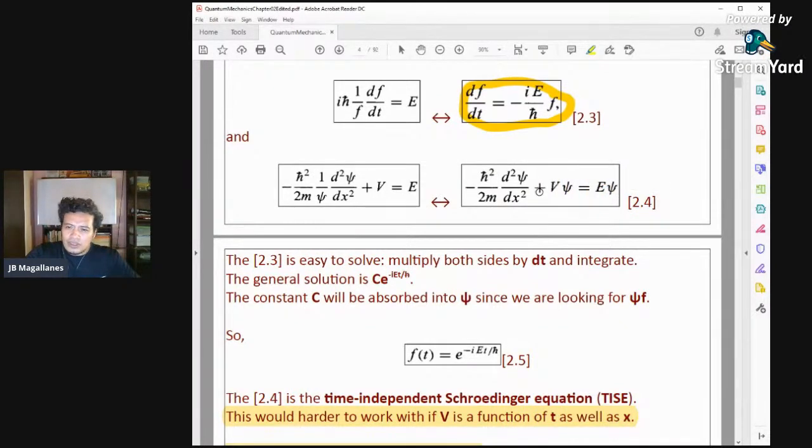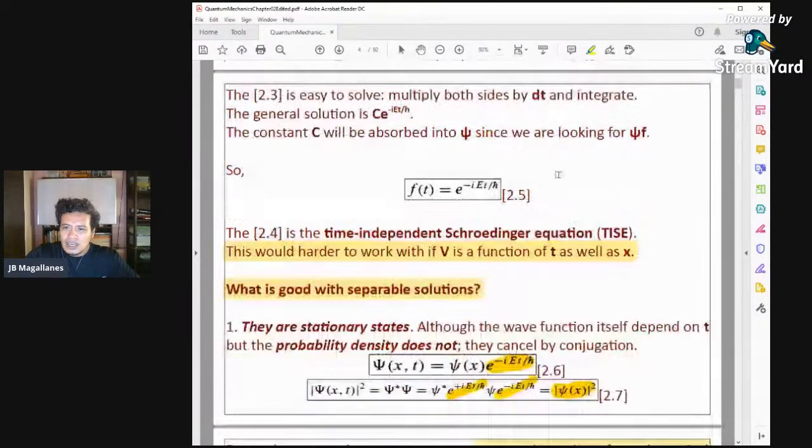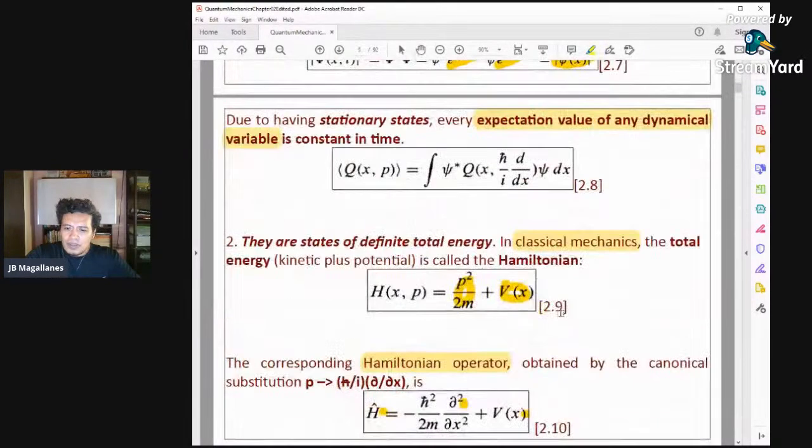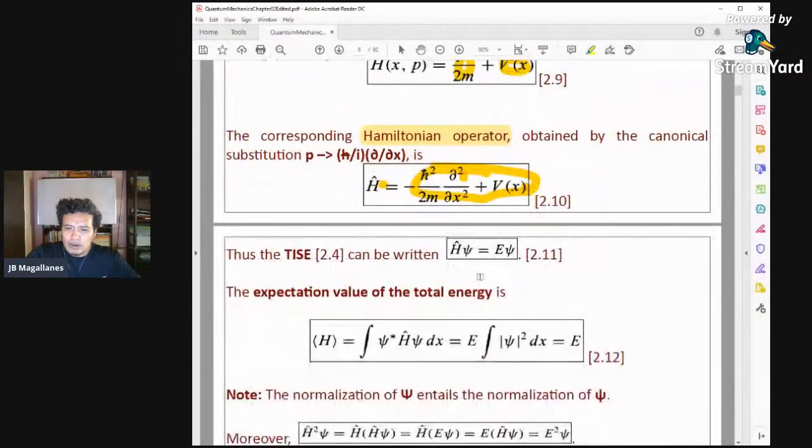This expression times phi is equal to E phi. Therefore, H hat phi is equal to E phi.